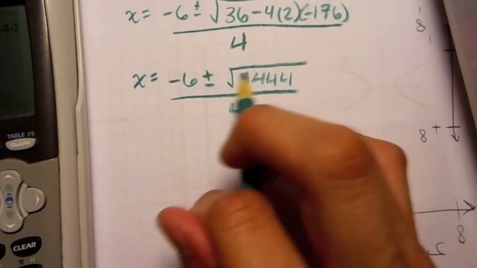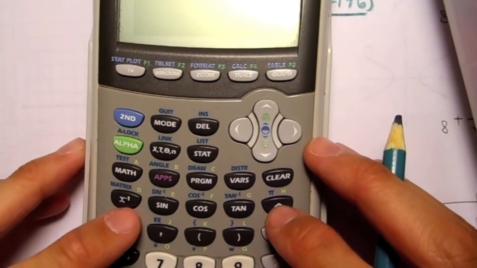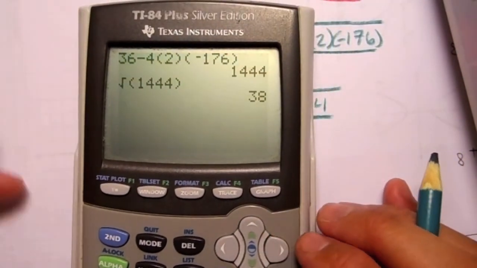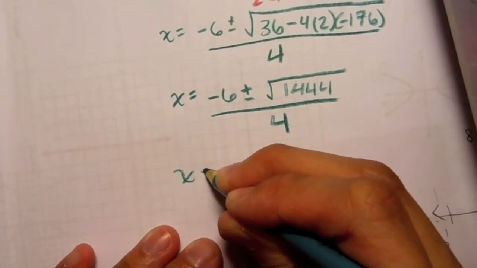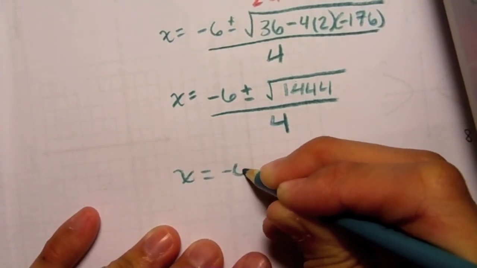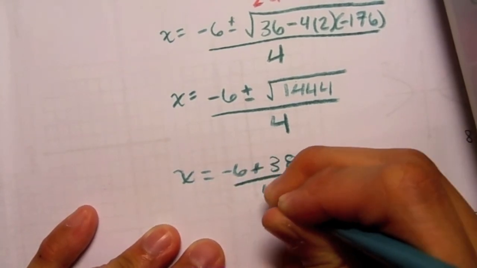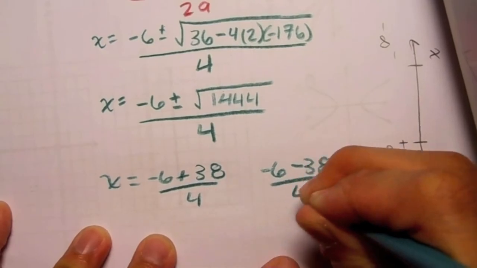And actually, this number is a perfect square. You can take the square root of 1,444, and you do get 38. So really, there are 2 answers so far. We have negative 6 plus 38 divided by 4, and I also have negative 6 minus 38 divided by 4.